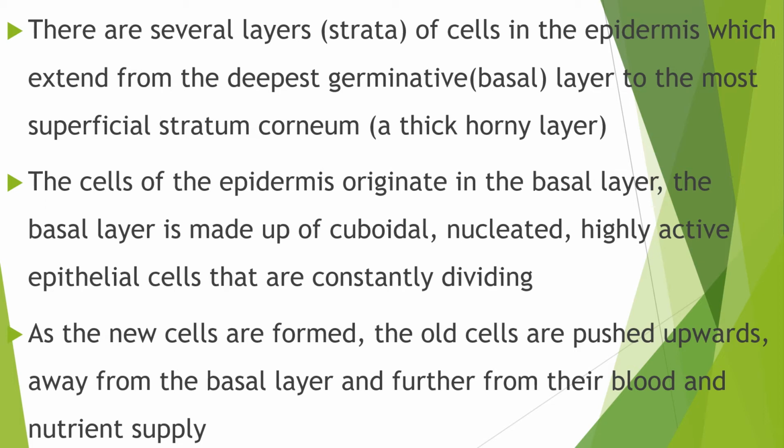In the epidermis there are no blood vessels, no nerve endings, and not much nutrient supply. So when these old cells are pushed upwards, they leave the blood and the nutrient supply.